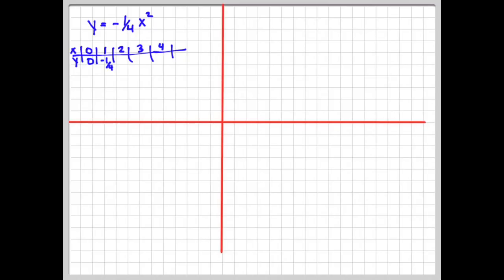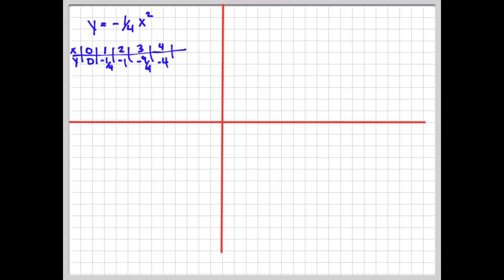When I plug in 2, what do I get? Negative 1. 2 squared is 4 times negative 1/4 is negative 1. When I plug in 3, 3 squared is 9, and 9 times negative 1/4 is negative 9/4. 4 squared is 16, and 16 times negative 1/4 is negative 4.